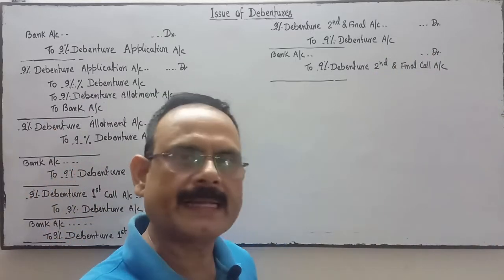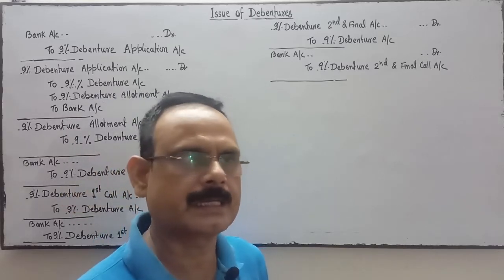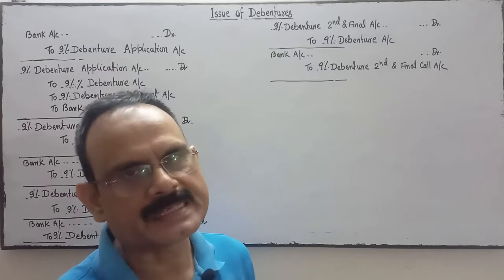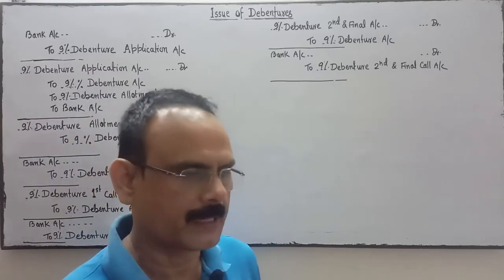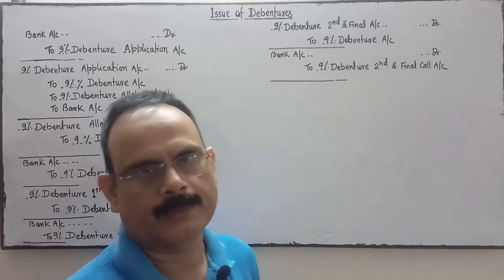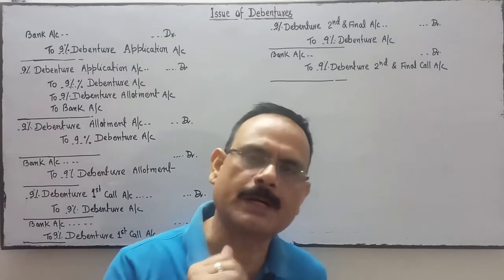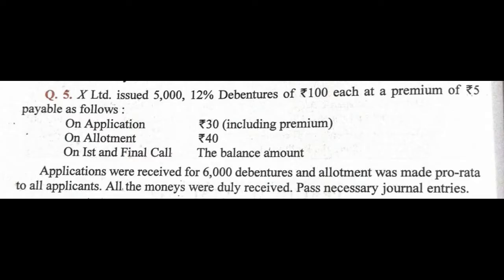So we will prepare the same type of analytical table as we discussed at the time of issue of shares, for calculating the surplus money which will be adjusted on allotment. Okay, now we'll see one question.